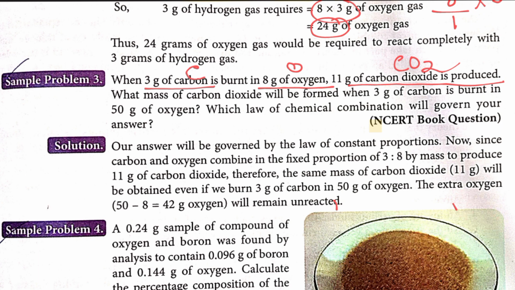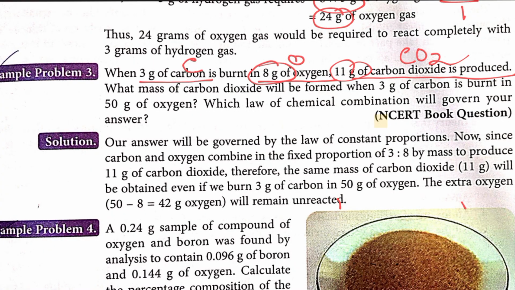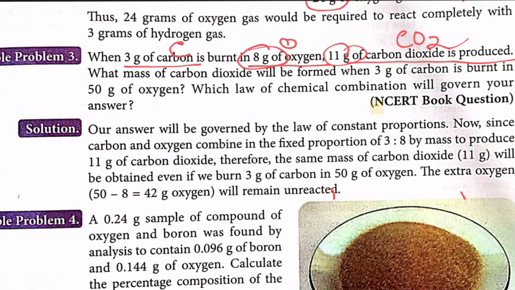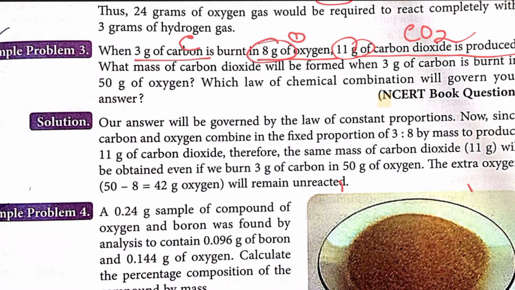What mass of carbon dioxide will be formed if 3 gram of carbon is burnt in 50 gram of oxygen? Now, if it is burned in 8 gram of oxygen, you will get 11 gram of CO2. Now, if 3 gram of carbon is burnt in 50 gram of oxygen, how many gram of CO2 is obtained? This is the first part of the question.